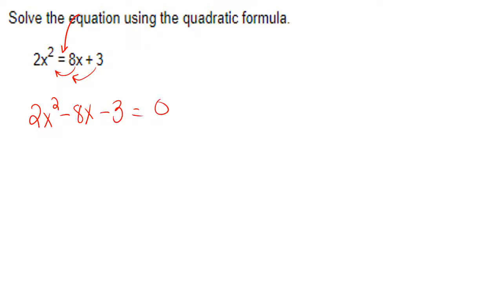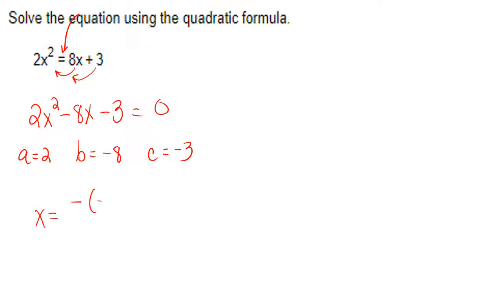So before choosing your a, b, c values for the formula, go ahead and make sure this is in standard form, where the quadratic equation must equal 0. Now a will be 2, b will be -8, c will be -3, and I will substitute that into my formula.